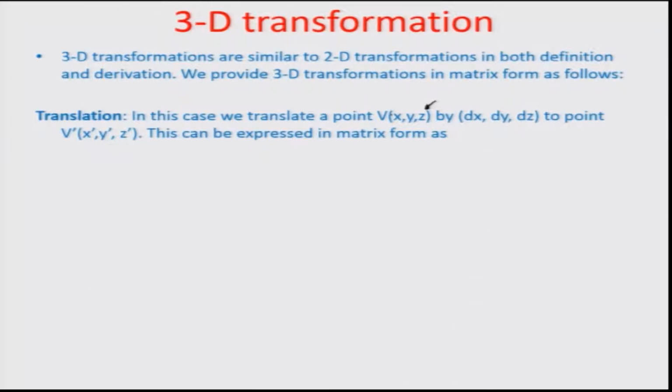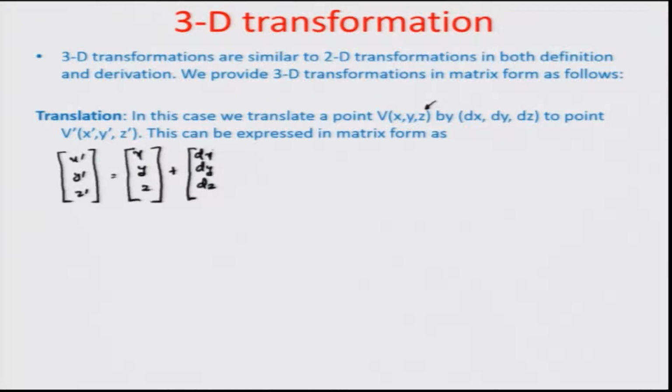In case of translation, as we had seen, we will just incorporate another new coordinate here and say that the translated vector x dash y dash z dash can be represented as the original vector x y z plus a distance vector, which is actually the distances along the x, y and z axes respectively as one moves in the 3-dimensional space.